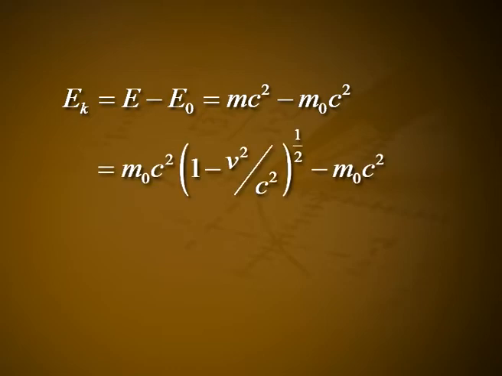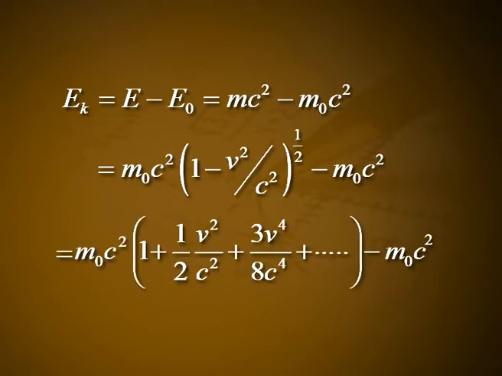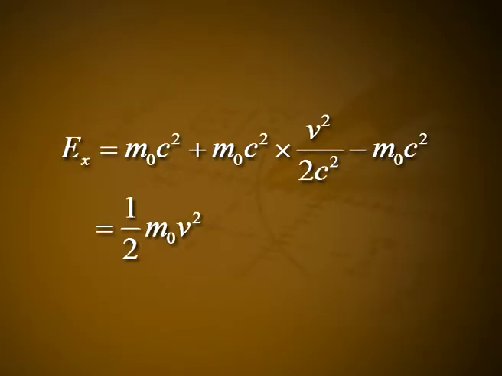To show that the relativistic energy reduces to the classical formula when v is very small compared to c: Ek = E − E₀ = mc² − m₀c² = m₀c²(1 − v²/c²)^(1/2) − m₀c², which is m₀c²[1 + (1/2)(v²/c²) + (3v⁴)/(8c⁴) + ...] − m₀c². When v/c is very small compared to 1, we have Ek = m₀c² + m₀c²·v²/(2c²) − m₀c² = (1/2)m₀v².